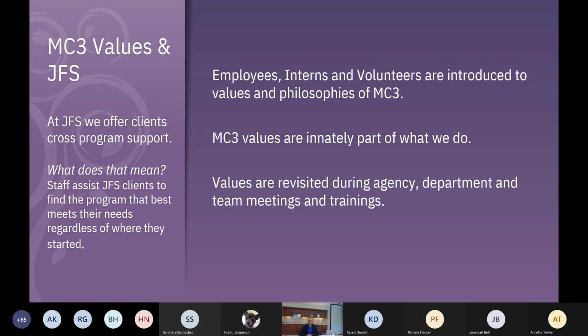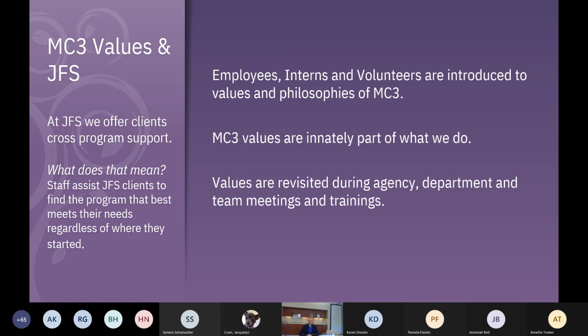Then we regularly revisit our values during those department meetings, team meetings, trainings, talking about what we're going to do for our NIATx projects. When we talk about having system-wide impact as change agents, I've had Amy and Janet come talk in my social work classes about MC3 and NIATx and what that means to be a change agent.